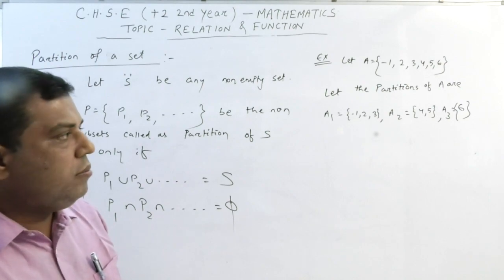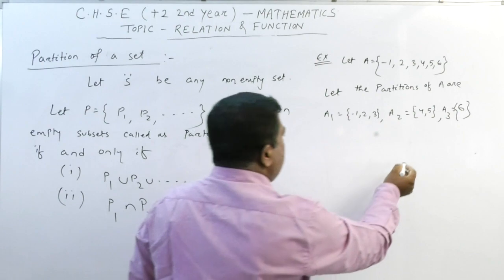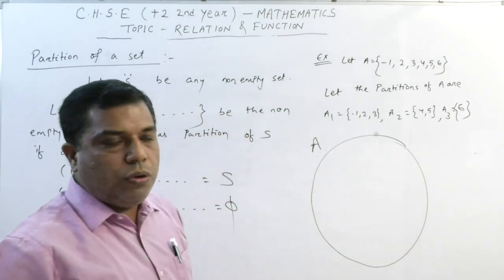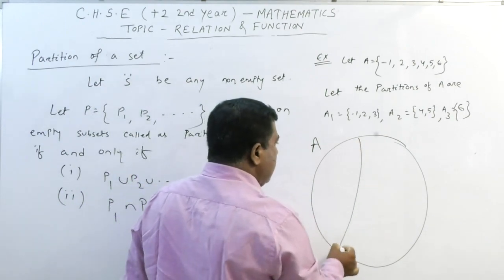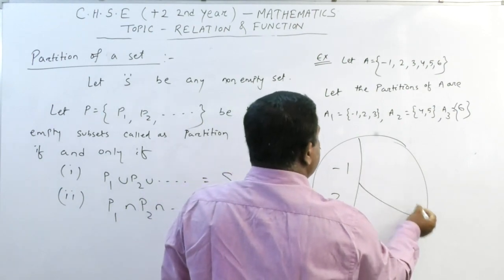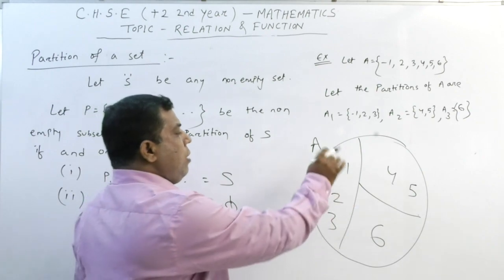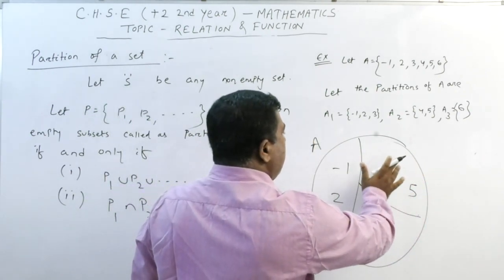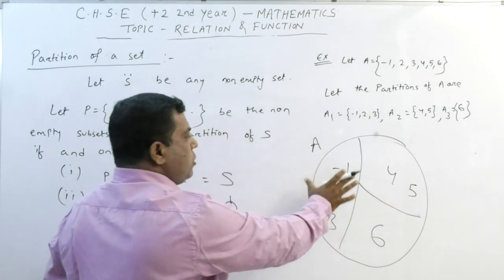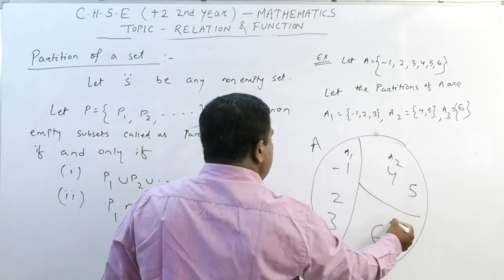We will verify. What does the property say? If I represent it pictorially, you see this is the set A. It has some elements: -1, 2, 3, another is 4, 5, and another is 6. I am dividing it into some subsets: one is A1, another is A2, another is A3.